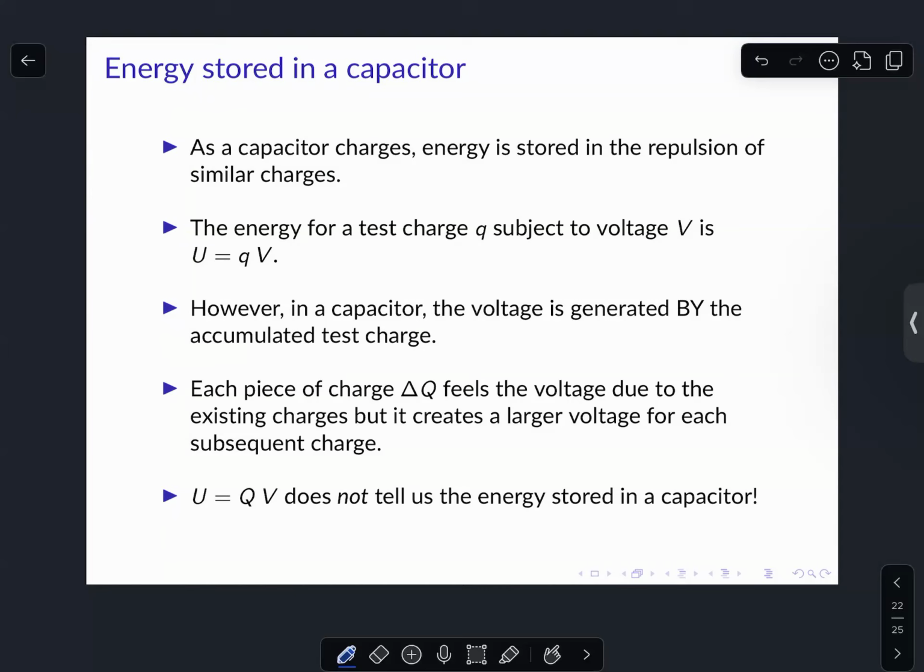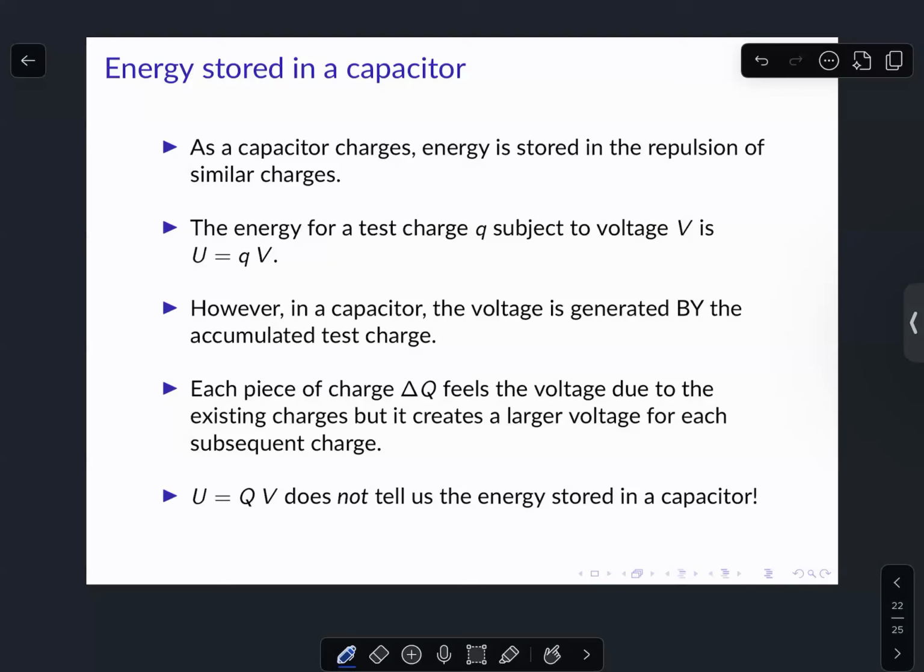Now, as we just said, the foundational equation for the energy of a charge feeling a voltage is U equals QV. The energy felt by a test charge in a voltage is the product of the test charge and the voltage. But in a capacitor, this isn't test charge and source voltage. The charge of the capacitor is causing the voltage that it itself feels.